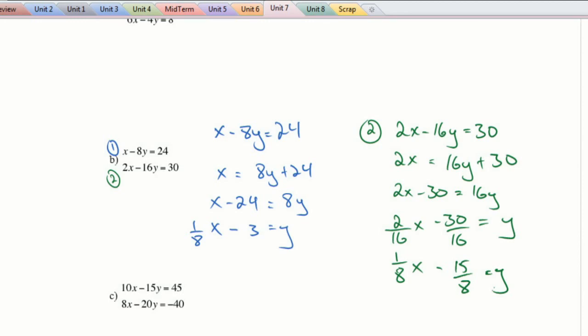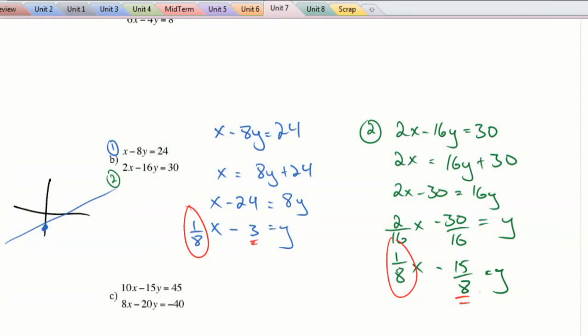So when I look at these now, one thing I notice is that my slopes are the same, but my y-intercepts are different. One is -3 and one's 15 over 8. So if you think about what this would look like on a graph, I have a y-intercept of -3. So my blue line would be down here somewhere. And then my slope is 1 over 8. So I have a line that looks something like that.